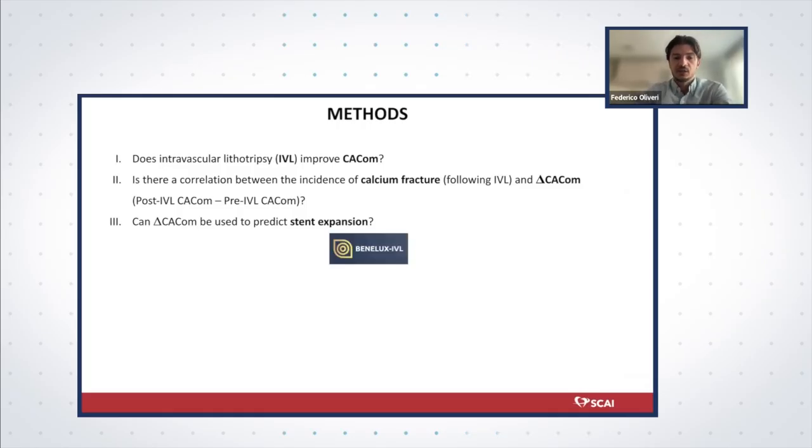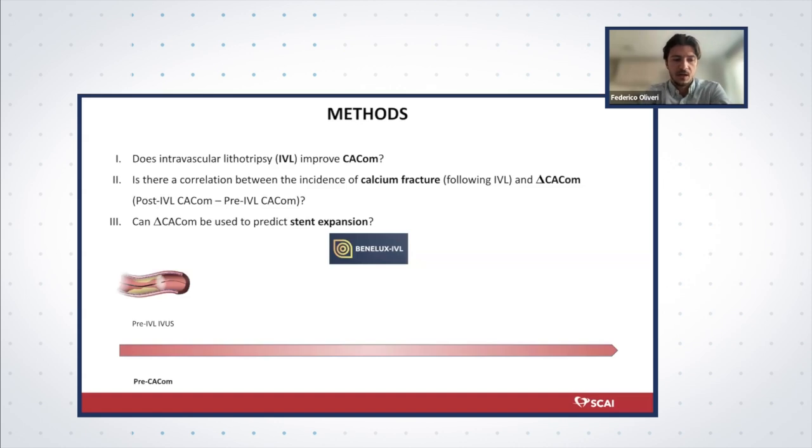To answer this question, we used our Benelux IVL registry. It is a prospective ongoing registry of all-comer patients treated with IVL. From this registry, we took cases where IVUS imaging was used. We measured the coronary artery compliance before intravascular lithotripsy. Later on, intravascular lithotripsy pulses were administered, and post-IVL IVUS was run again.